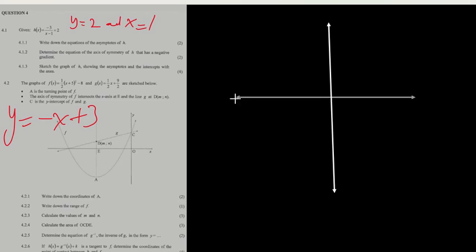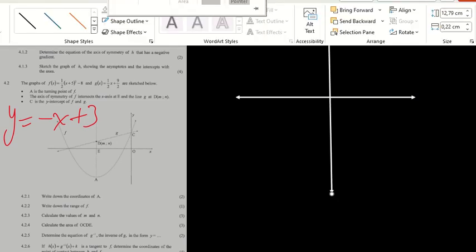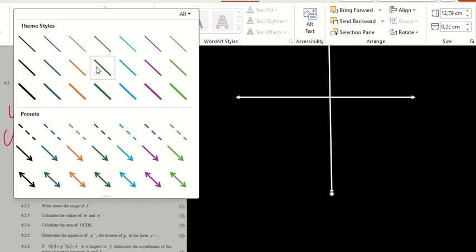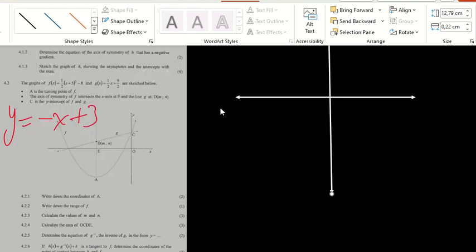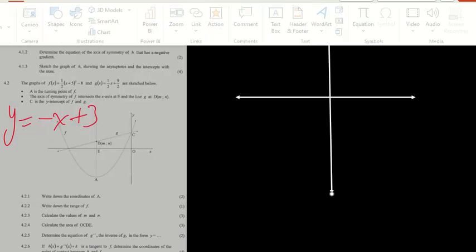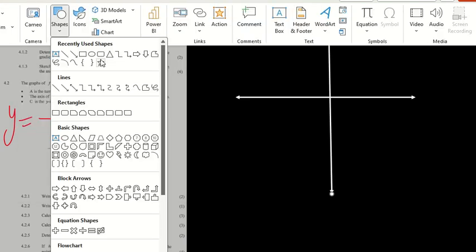You can see how sloppy it is, right? Then now, let me insert another line. Let me insert a dotted line now.